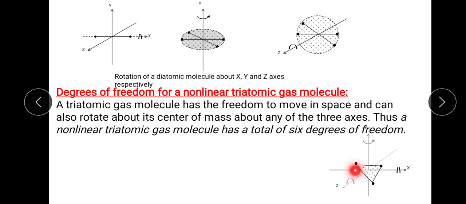But this molecule can also rotate about the x-axis, y-axis and z-axis. Now all 3 rotations can be considered. Therefore, a non-linear triatomic gas molecule can possess 6 degrees of freedom.